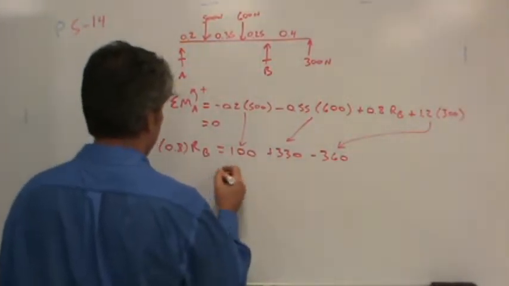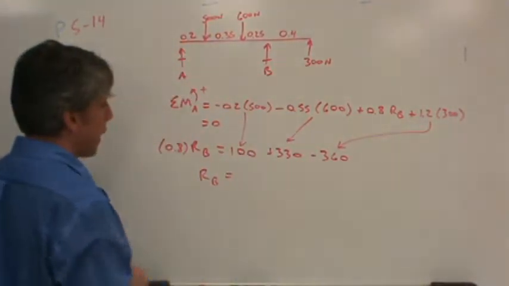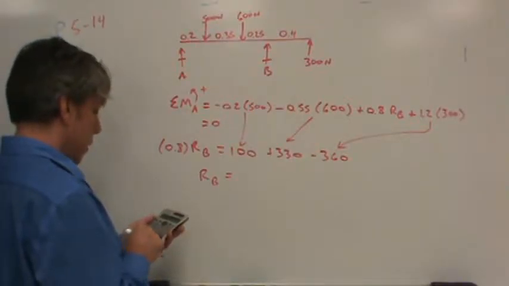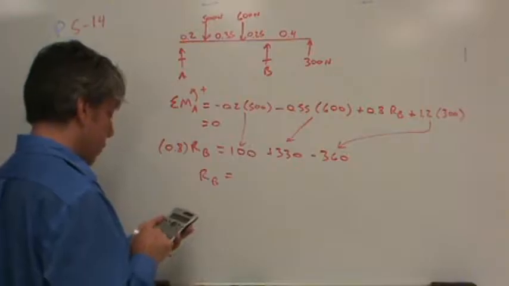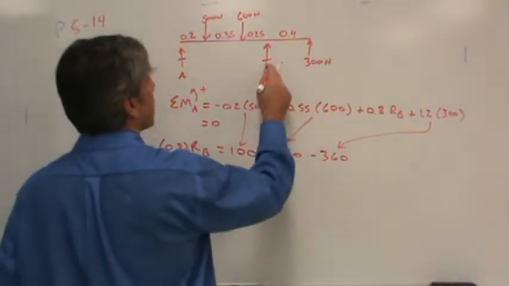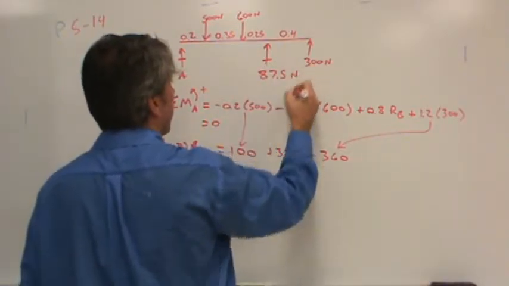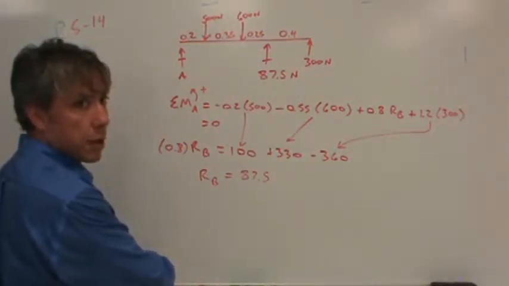Then if we want RB, we better sum these and divide by 0.8. So 100, that's 430, less 360, divided by 0.8. I got 87.5. So the reaction at B should be 87.5 newtons. Okay? Does that seem correct?